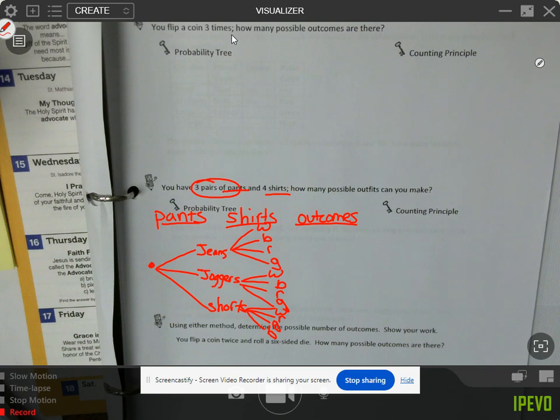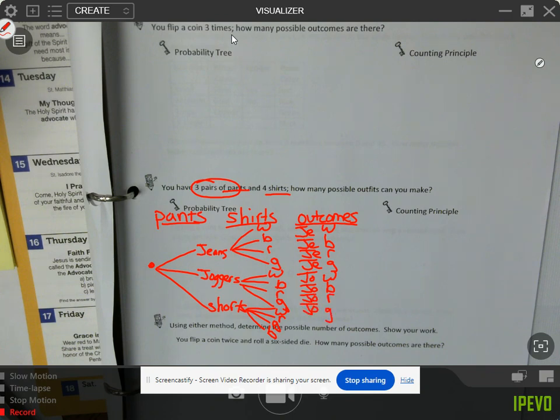So let's look at how many outcomes that is. I could do jeans with a white shirt, jeans with a blue shirt, jeans with a red shirt, jeans with a green shirt. I could do joggers with a white shirt, joggers with a blue shirt, joggers with a red shirt, joggers with a green shirt.